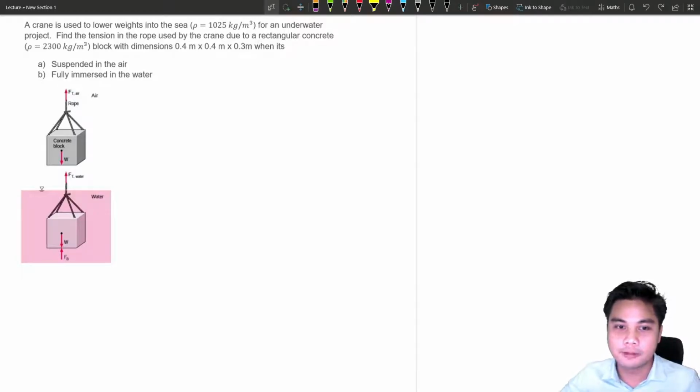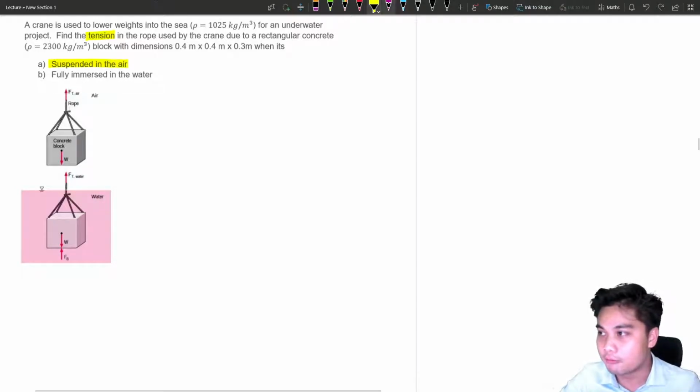So the first step, we solve the first part. Find the tension when the block is suspended in the air. That means there is no water or hydrostatic force involved.